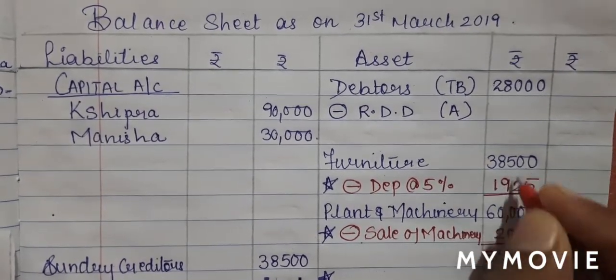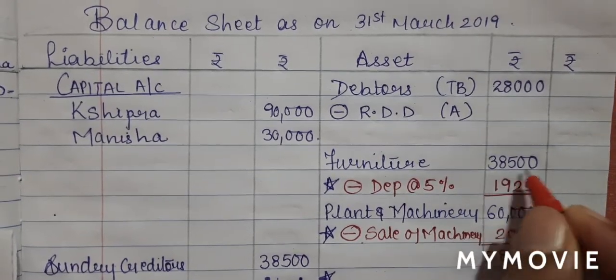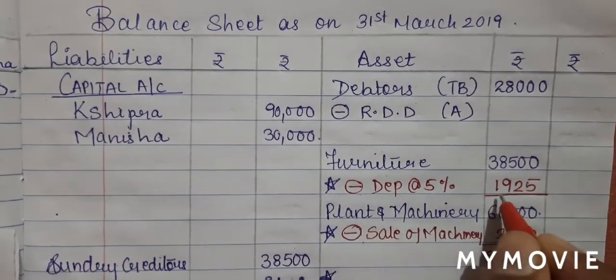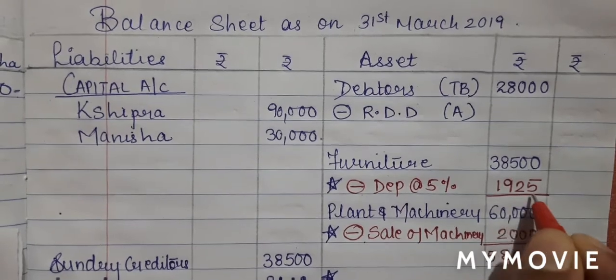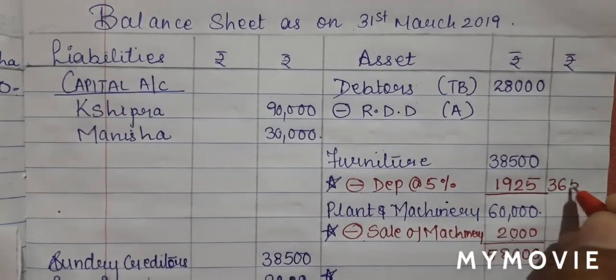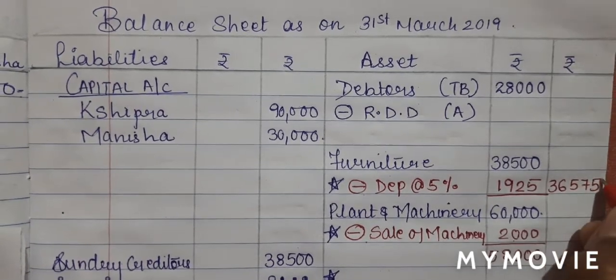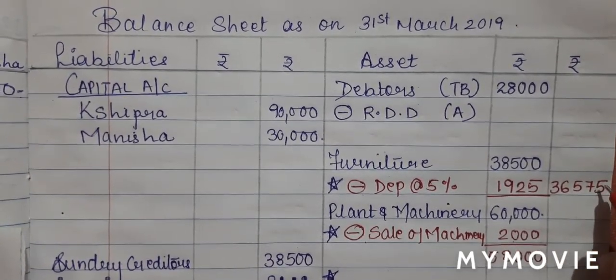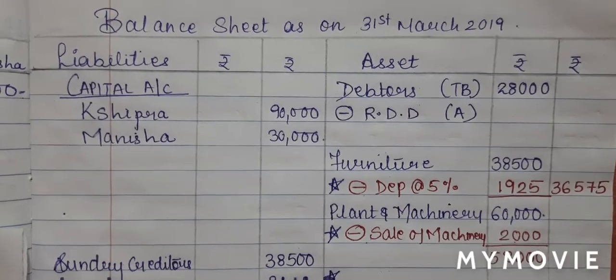I can minus this, students, and write it in the outer column. 38,500 minus 1,925. I'll get a total of 36,575. This is my first effect for depreciation on furniture.